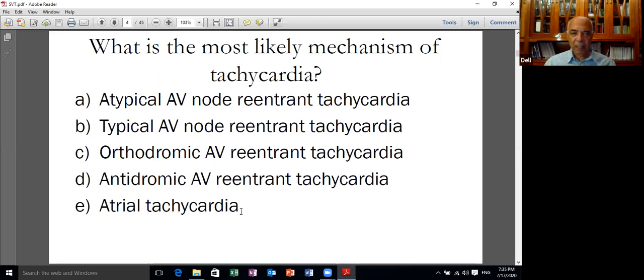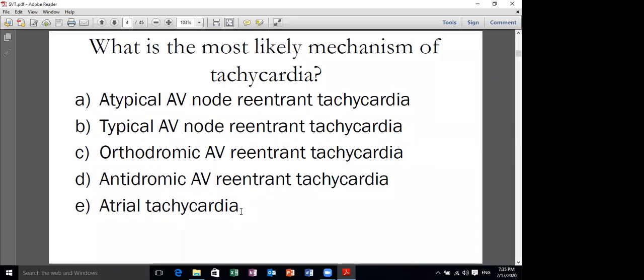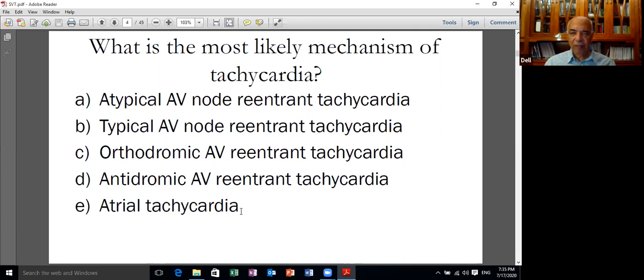Instead of conducting like normal in the fast pathway with a long refractory period, it conducts into the slow pathway, because a premature beat will find the fast pathway refractory, and then it goes back to the atrium, excites the atrium, and then goes down the fast pathway, which is now recovered.